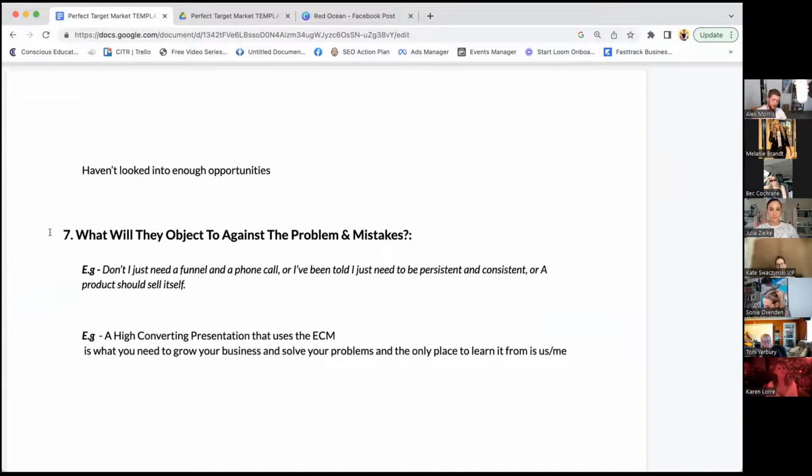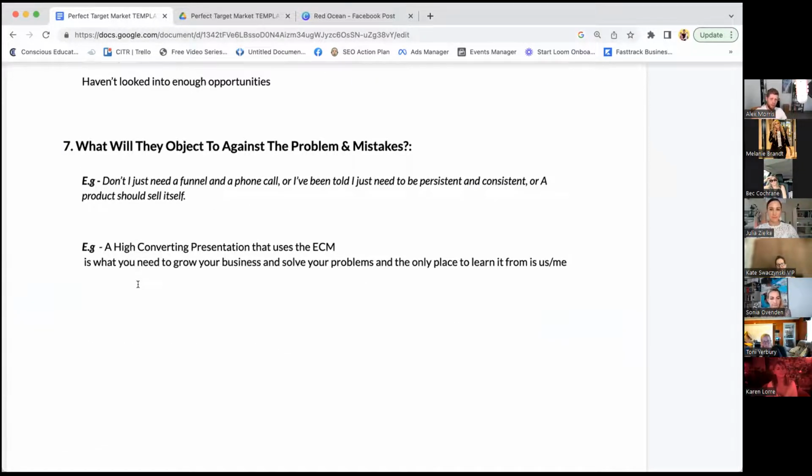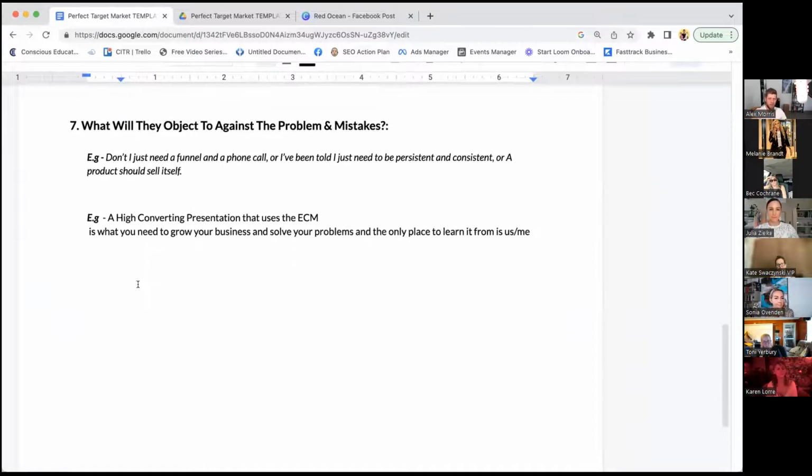And then here, what will they object to against their problems and mistakes? This is a question that could be quite difficult, but here's what it means. Let's take the fitness analogy again. Yes, I would love to lose weight, but I travel a lot for work and I'm always eating on the road.